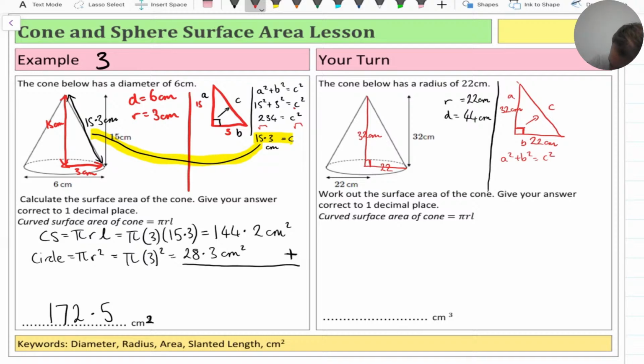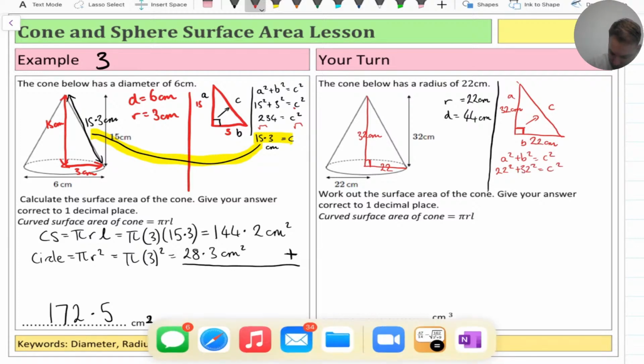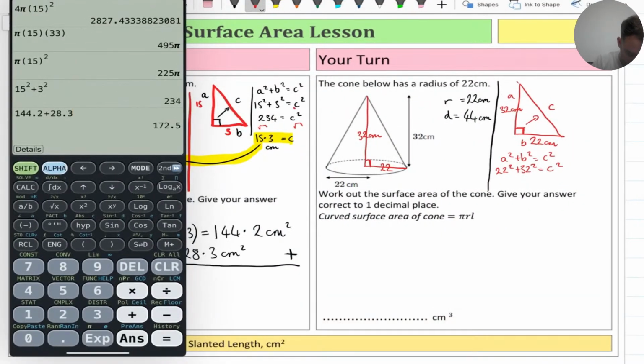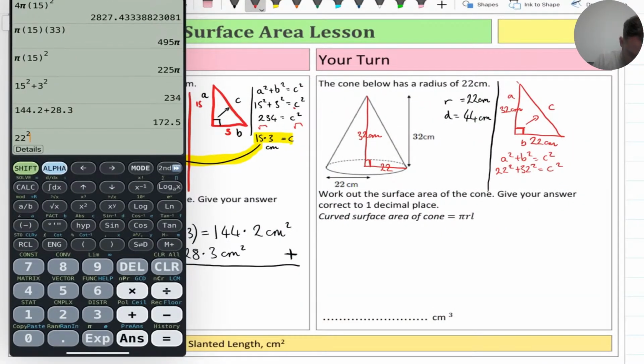So in which case it's going to be 22 squared plus 32 squared is equal to C squared. Let's just work out what that is. So 22 squared plus 32 squared is equal to 1,508. So I'm just going to do the square root of that answer.